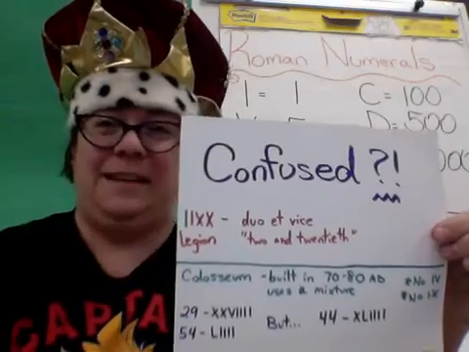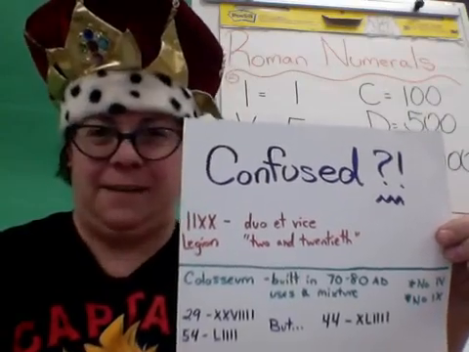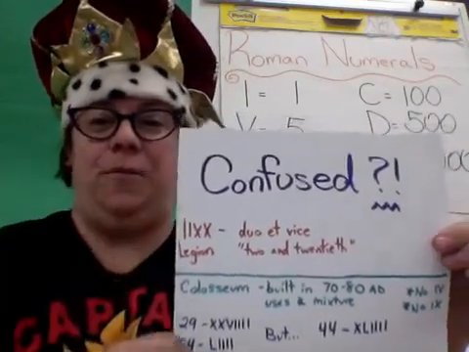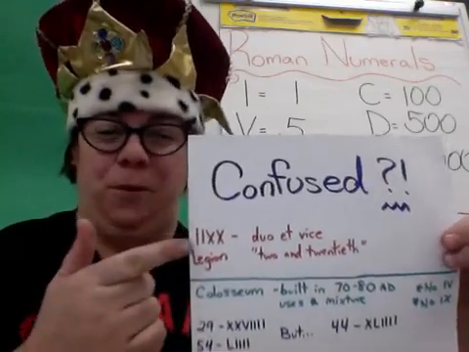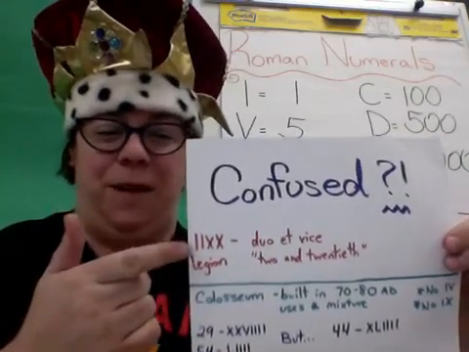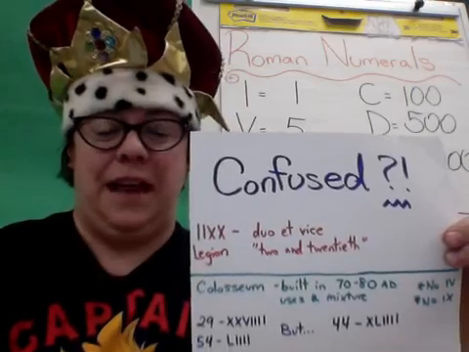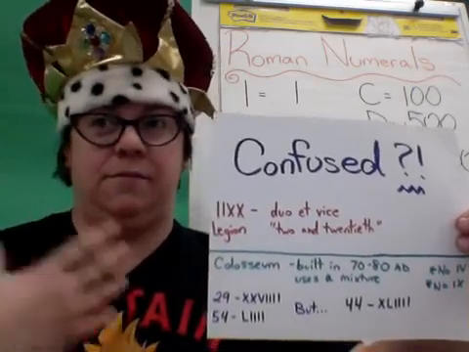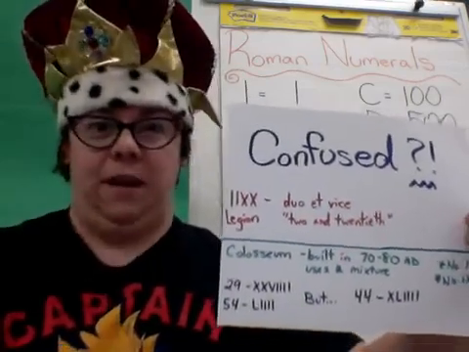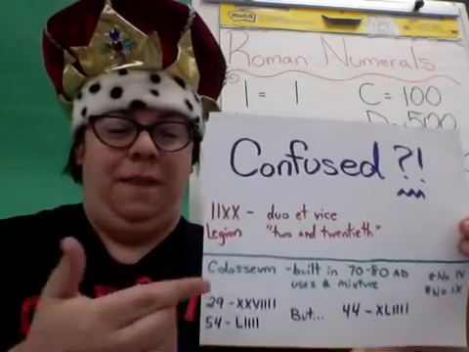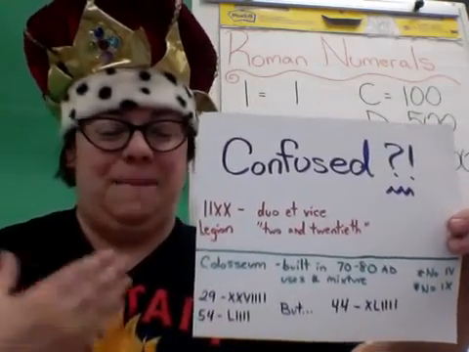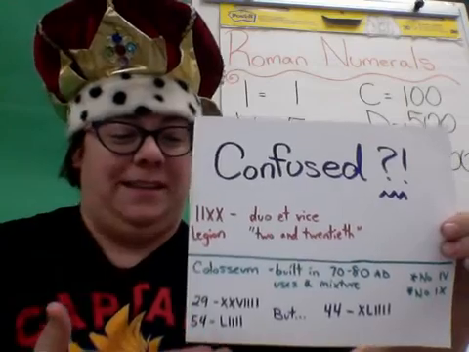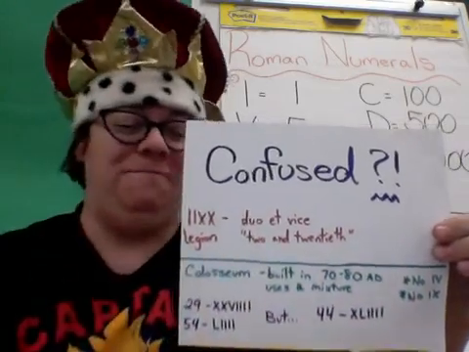Not XXII, but IIXX. Even some Roman sculptors in the later years were confused and were writing the 22nd Legion as the 18th Legion because they didn't know.